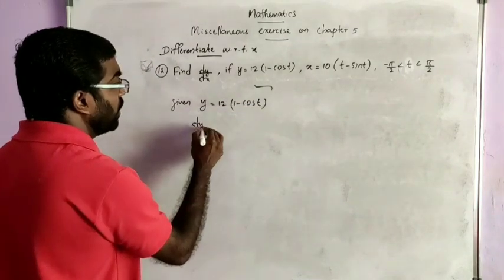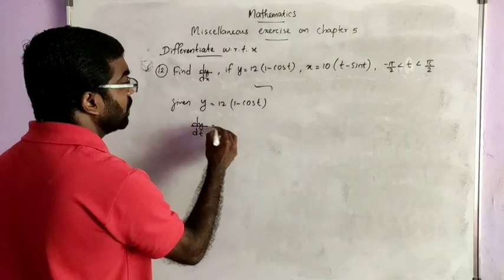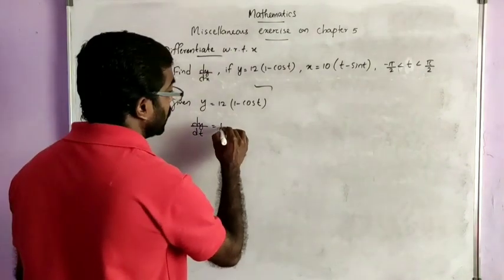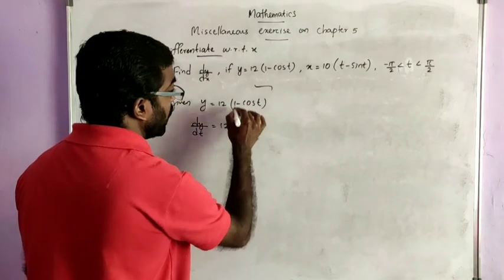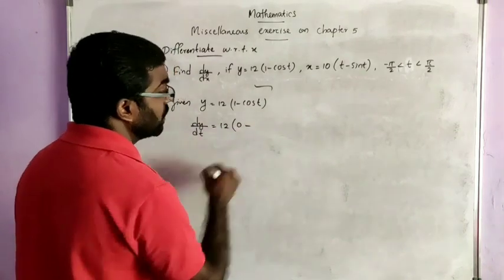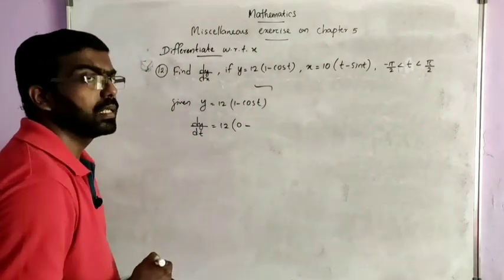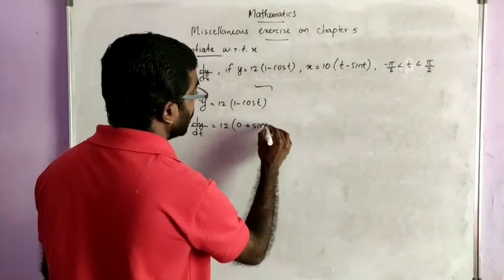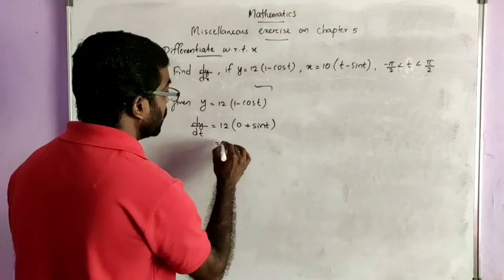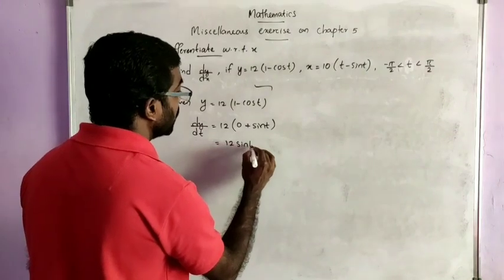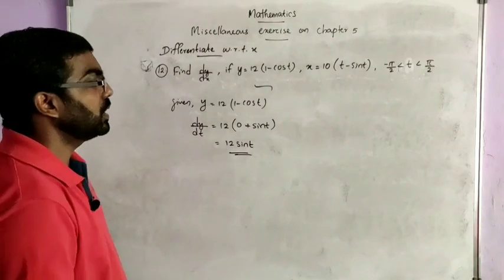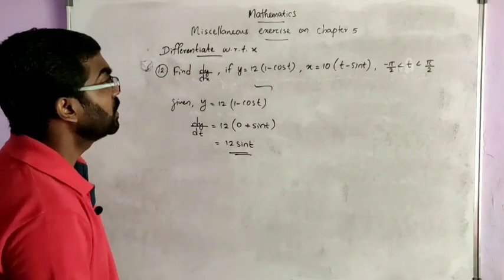From this we can find dy by dt. That means the derivative of y with respect to t. 12 into derivative of 1 is 0, then minus derivative of cos t. It's minus sin t and minus of minus is plus. Okay. So which is equal to 12 sin t. That is dy by dt is 12 sin t.